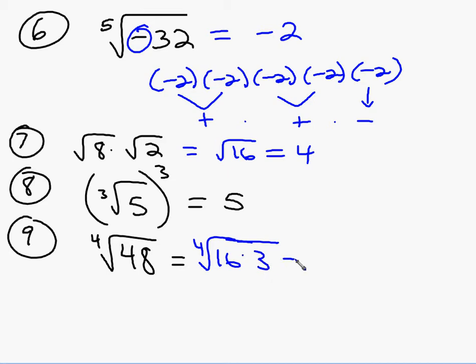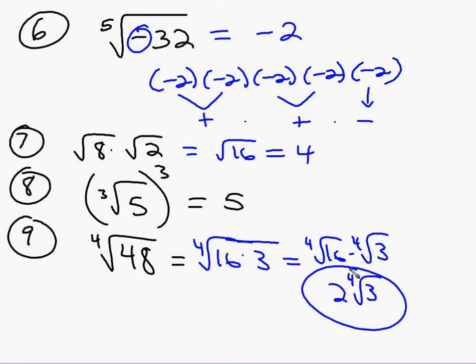Or we could think of it as the fourth root of 16 times the fourth root of 3, whichever way you want to think of it. So the fourth root of 16 is 2, right? So this would become 2 times the fourth root of 3. Just like that.